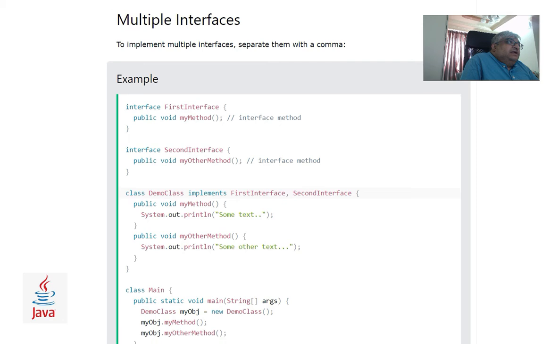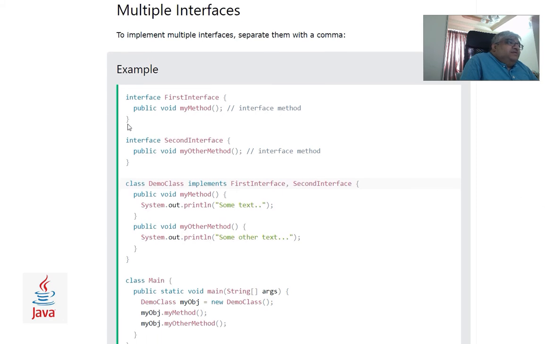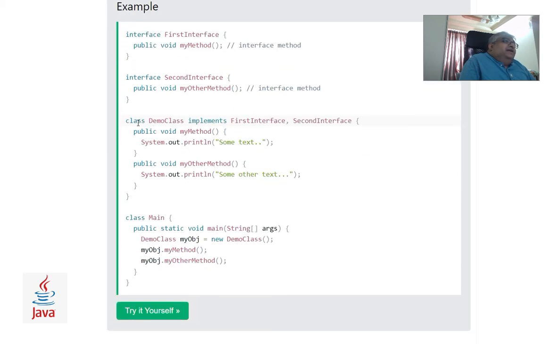In this example, we have two interfaces. One is the first interface with a method called public void myMethod. The second interface has another method, myOtherMethod. Now I am defining a class, DemoClass, which implements two interfaces, and I'm giving a body to these two methods, myMethod and myOtherMethod.